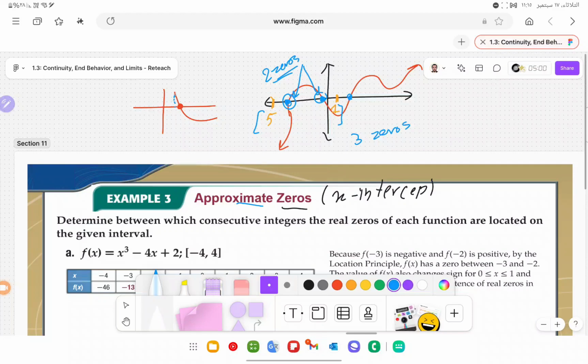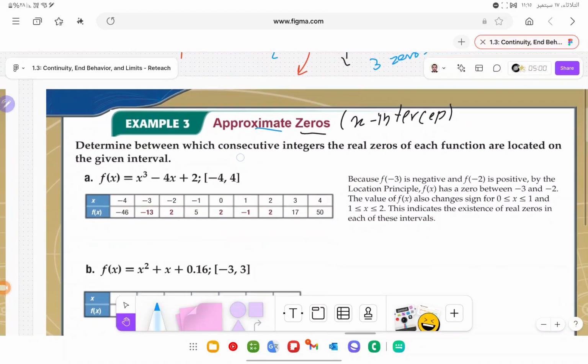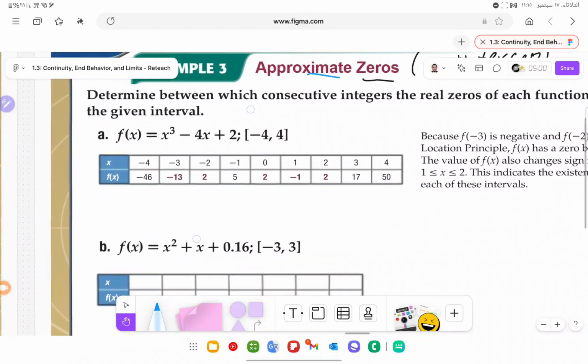This point on the y-axis is positive. After the 0 on the y-axis, it's negative. So if the number before is positive and the number after is negative, then for sure there is a 0 between them. When you see positive and negative, for sure there is a 0.